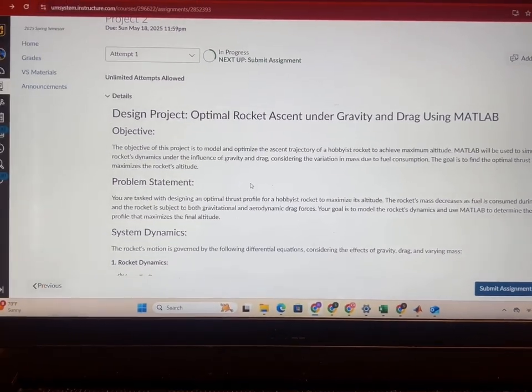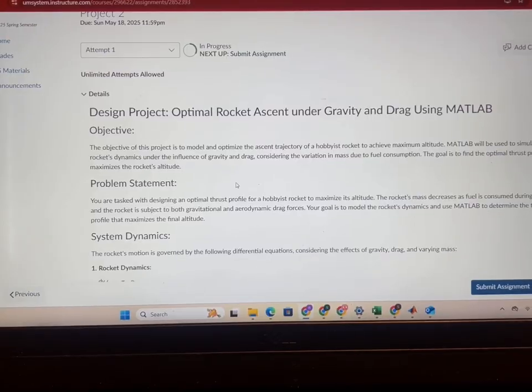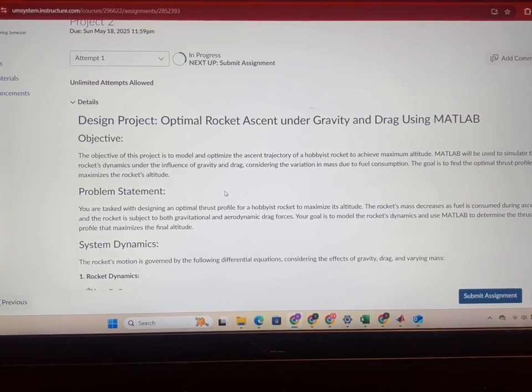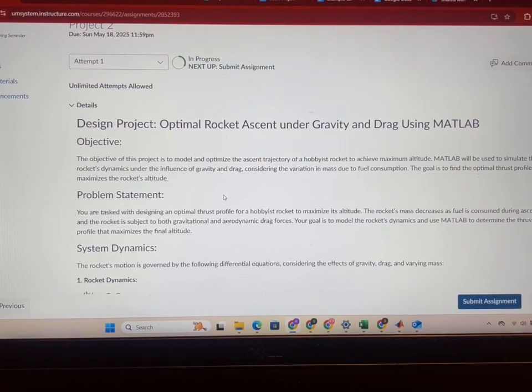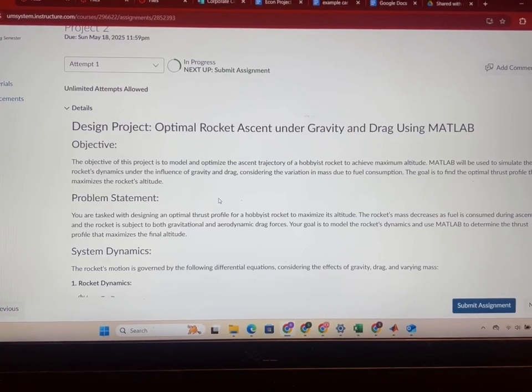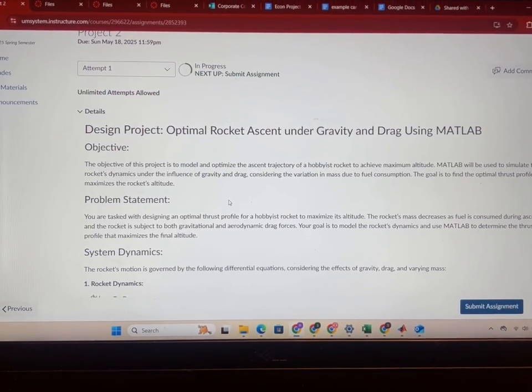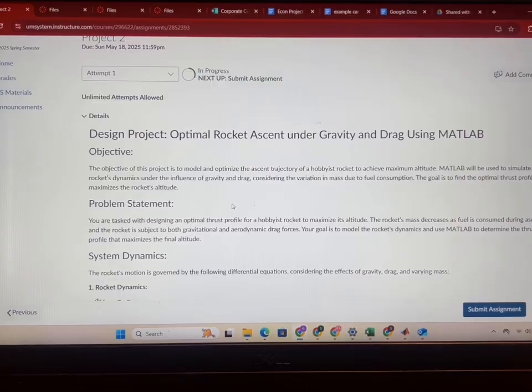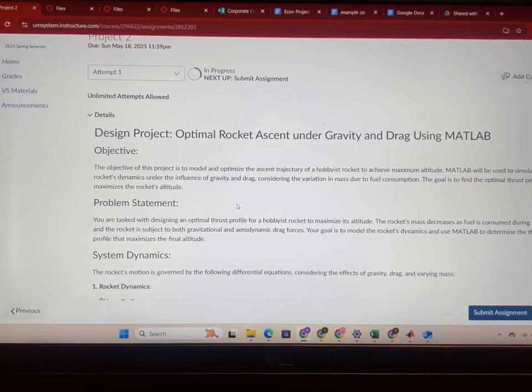So the objective of the project was to model and optimize the ascent trajectory of a hobby rocket to achieve maximum altitude. Basically, we use MATLAB to simulate the rocket's dynamics because we're not actually making a hobby rocket.